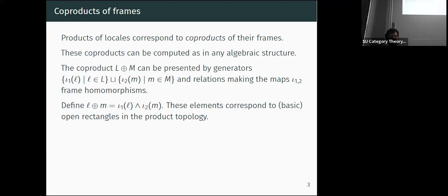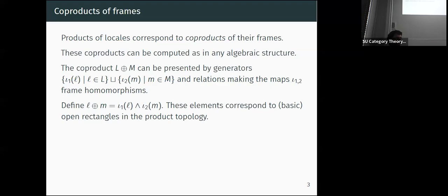But now it's useful to say, what if we take the co-product injection of something from L and the co-product injection of something from M, and we take the meet of them? It turns out this corresponds to a basic open rectangle in the product topology.